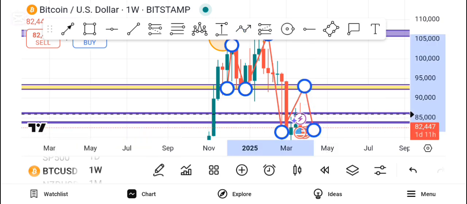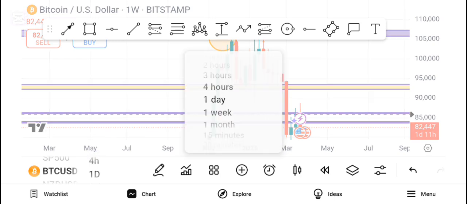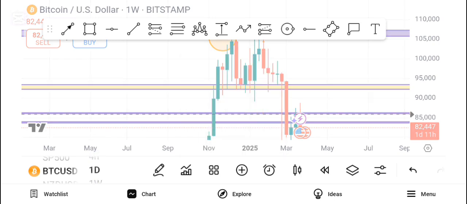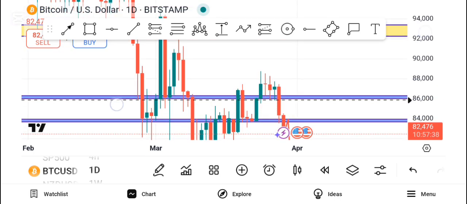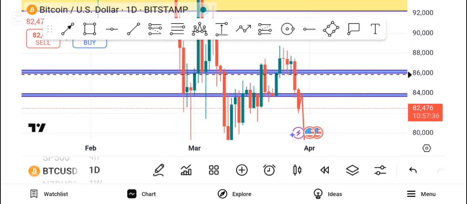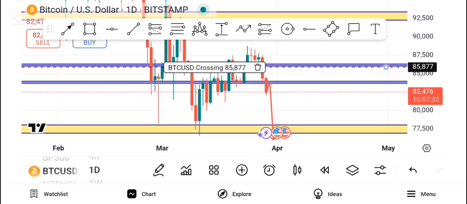Okay, this is a daily time frame on BTC. On the daily time frame, as you can see, it's now in a downtrend, so we are expecting more sells.